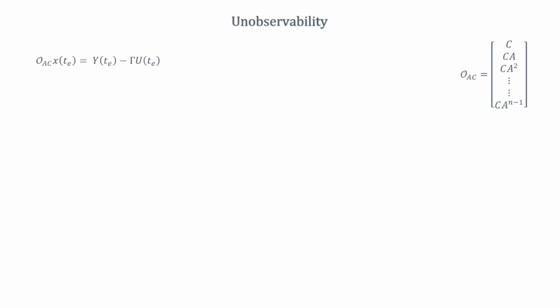For an unobservable system, we know that the rank of the observability matrix is less than n.